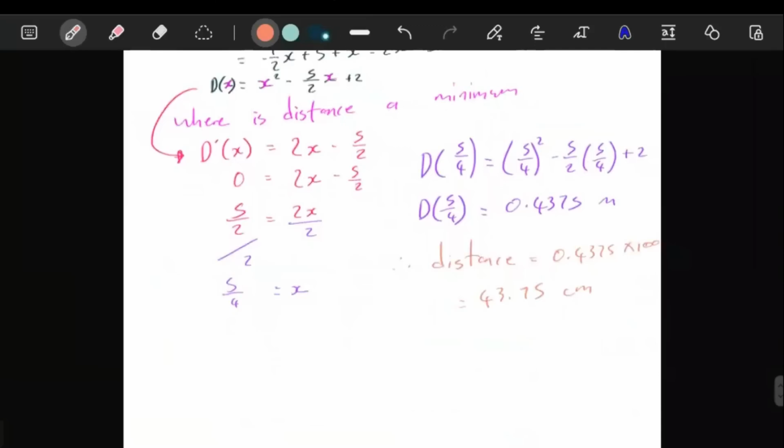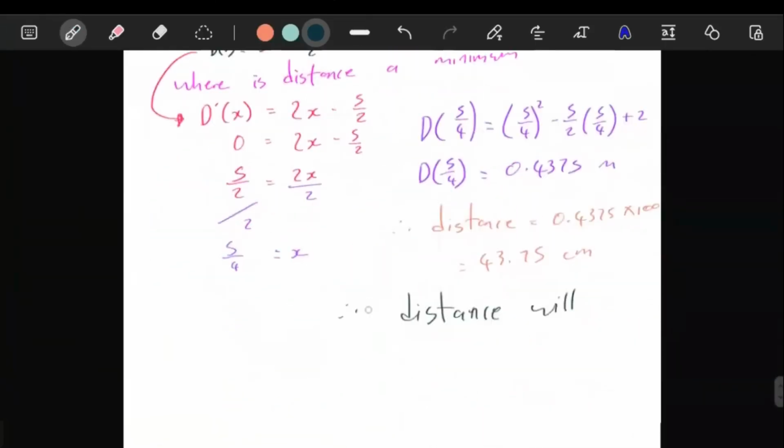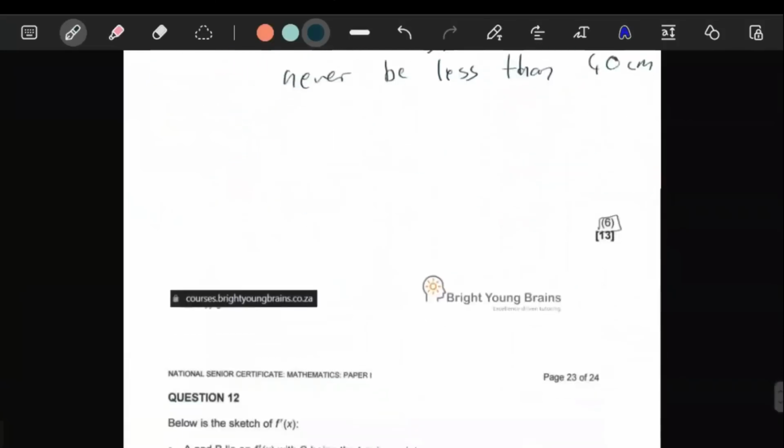So therefore, the distance will never be less than 40 centimeters. 6-mark question, you get your 6 marks.